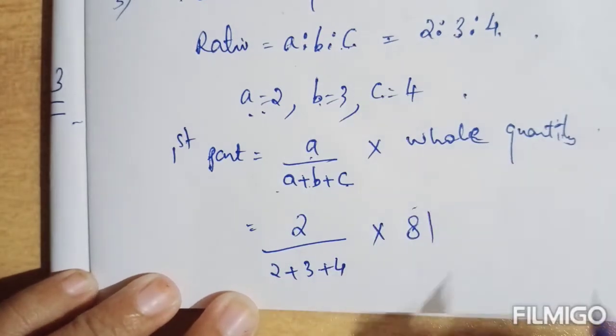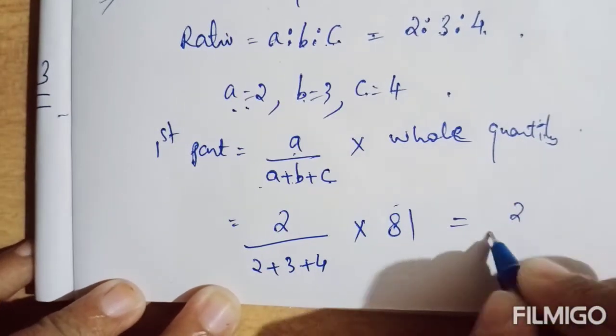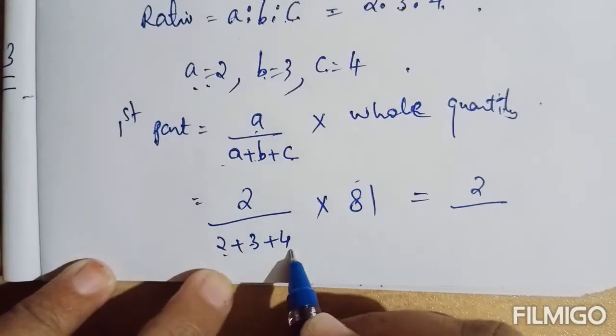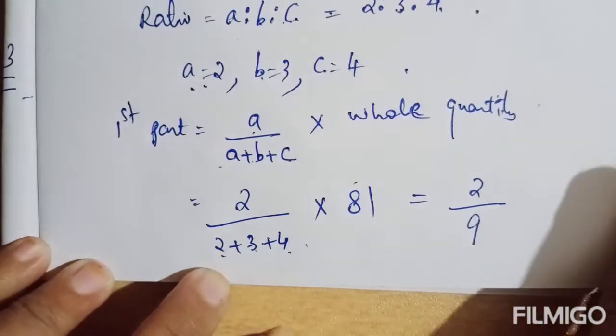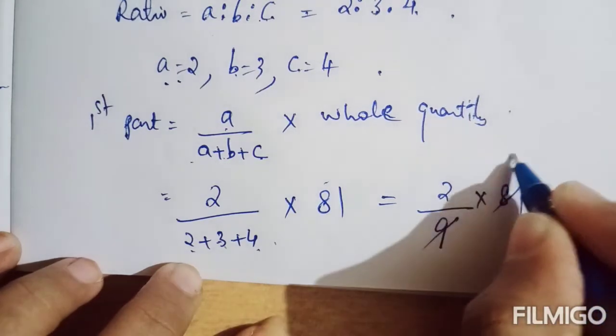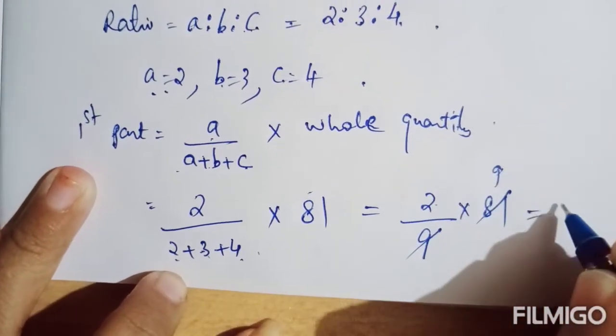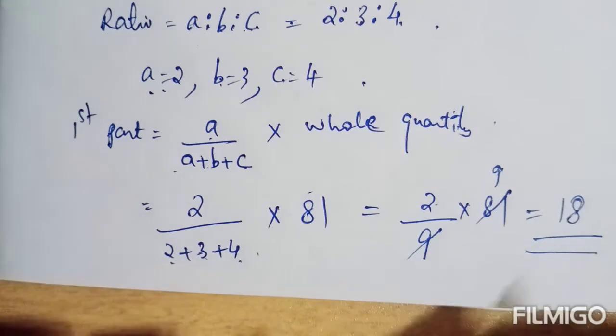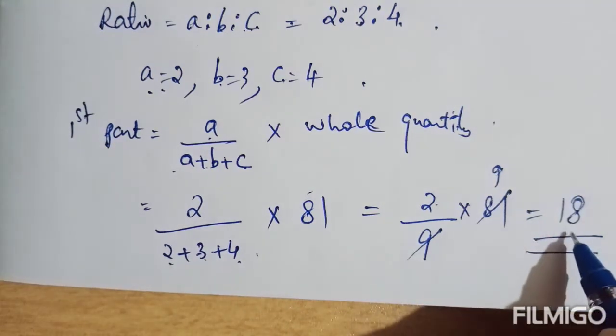Now what will you get? 2 by 2 plus 3 plus 4, 5 plus 4, 9, into 81. Now 81 and 9, here it will be 9, 2 into 9 is 18. So first part will be 18.